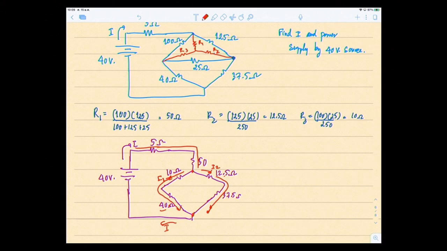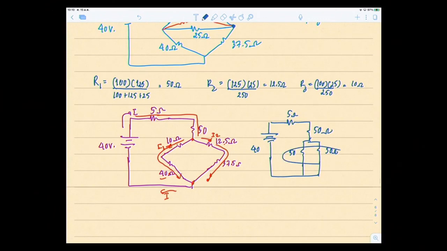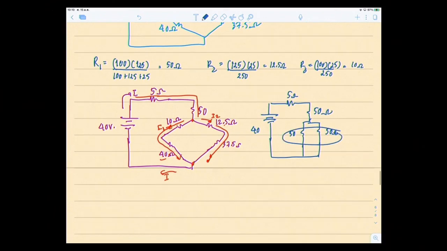So therefore, if you redraw it again and simplify your circuit, you would have 50 ohms, 5 ohms. This is 50 ohms, and this is also 50 ohms. Of course, 50 in parallel with 50 is 50 divided by 2, 25.